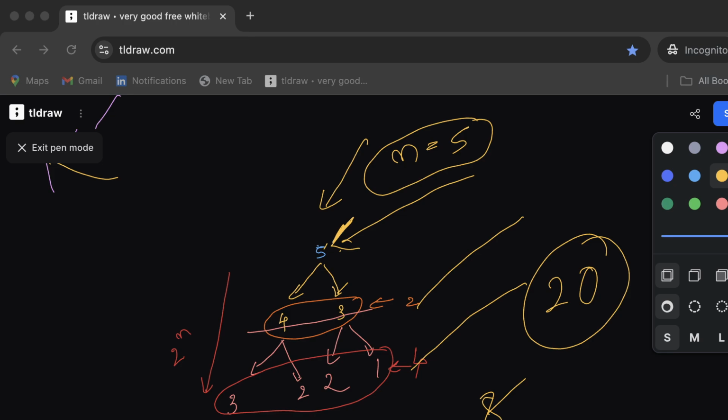Yeah, it is not exactly 2 power n, it is approximately growing by that rate.